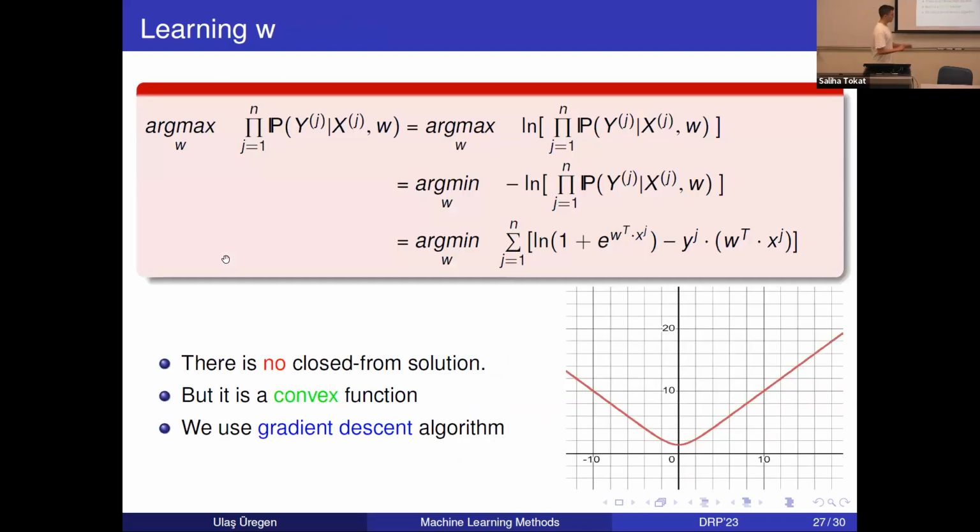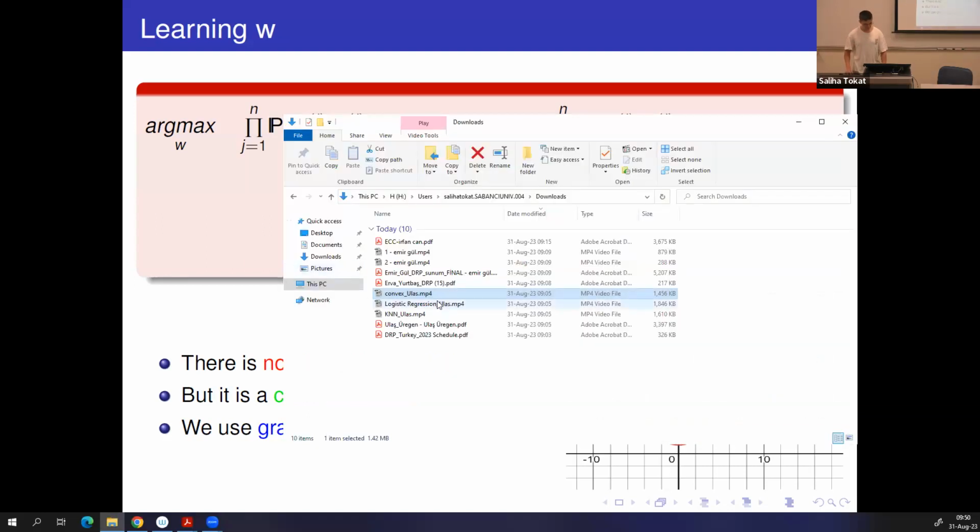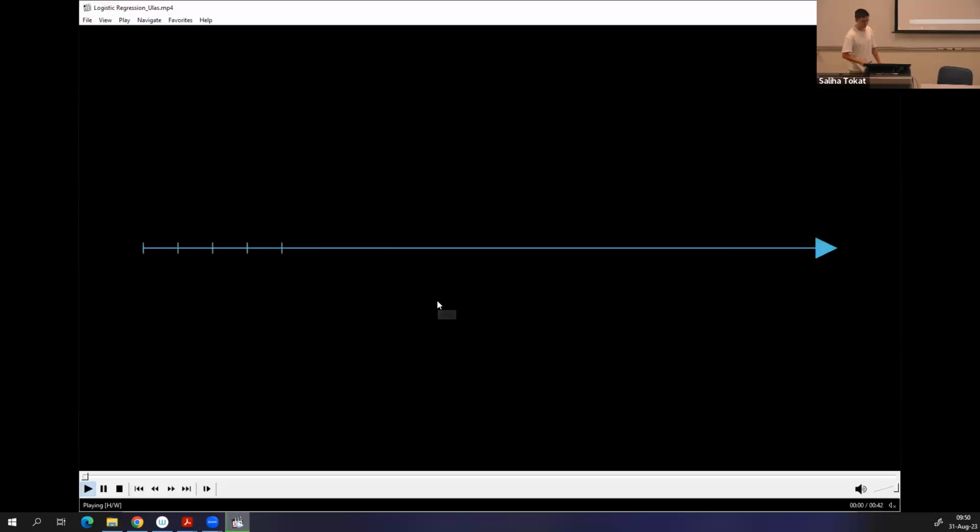Now, if we do the calculations, we will end up with this, again, ugly-looking equation. And there's some bad news: this equation doesn't have a closed-form solution. But if we investigate it a little bit, we see that it is a convex function, and so we can use our gradient descent algorithm.